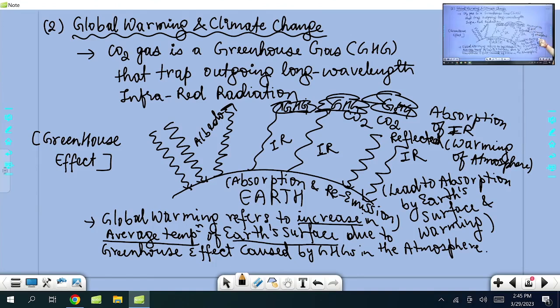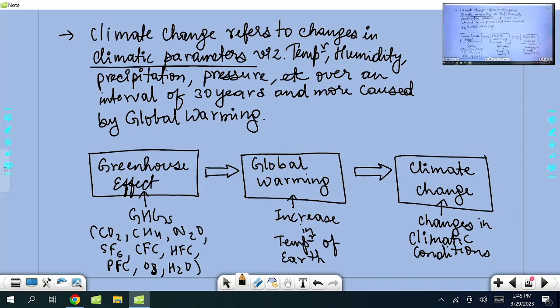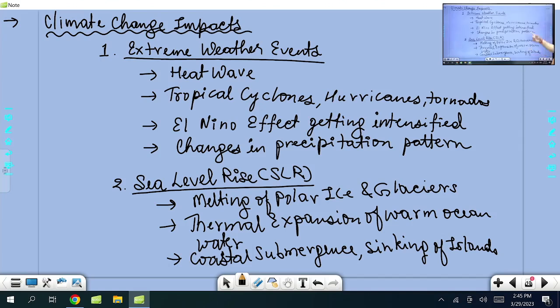Then we went to global warming, climate change, and what is the greenhouse effect, what is global warming, what is climate change. Then we discussed climate change impacts, and all these impacts come under which report? You know that, the IPCC report. That is a UN body which comes out with climate change reports, Intergovernmental Panel on Climate Change. So all these reports are based on that. Extreme weather events, sea level rise, right?